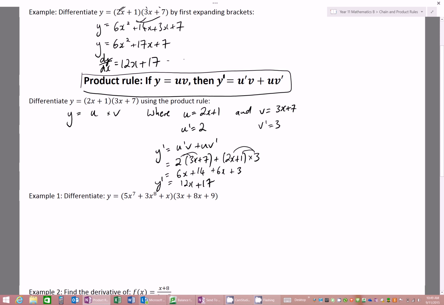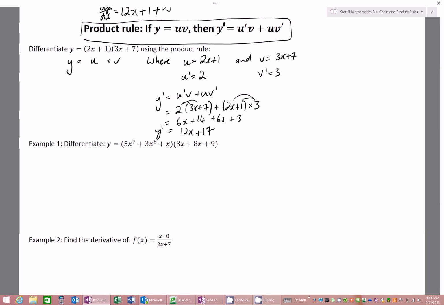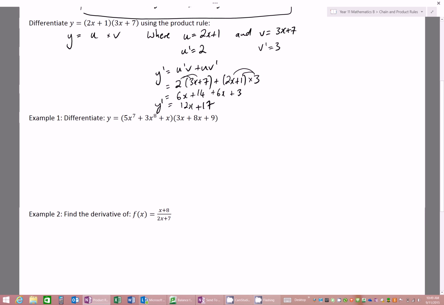Okay, so they're the same, which means that my product rule works. You can look for a formal proof in some old textbook, but you're not expected to know the formal proofs, just be able to use the rules. Alright, so we'll look at a few examples where it might be a bit more useful to use the product rule rather than just doing FOIL expansion.